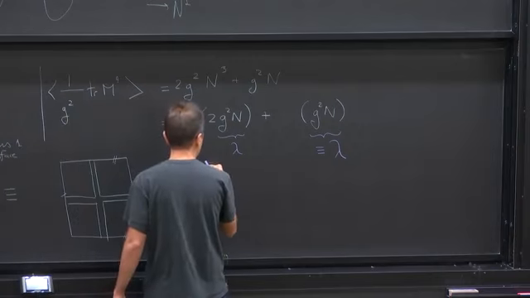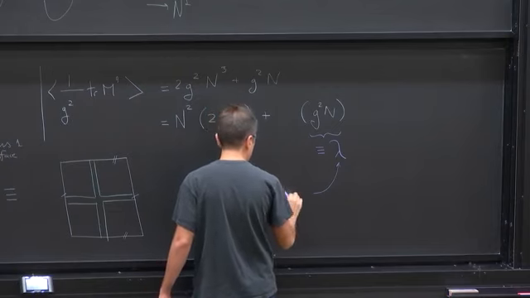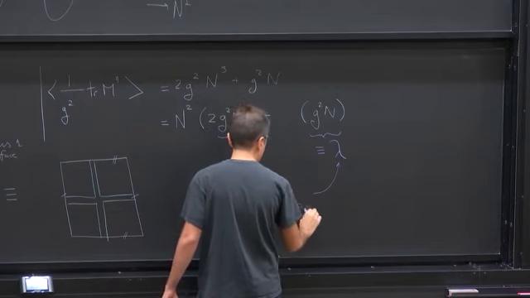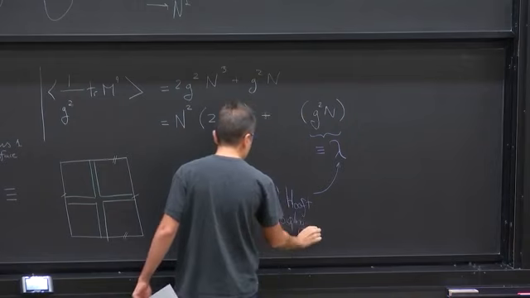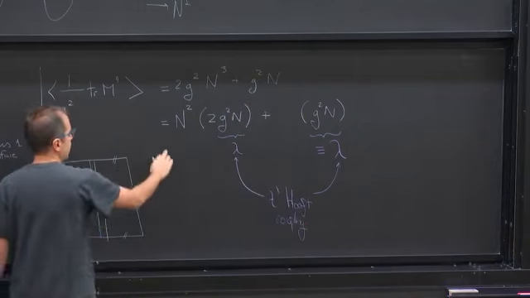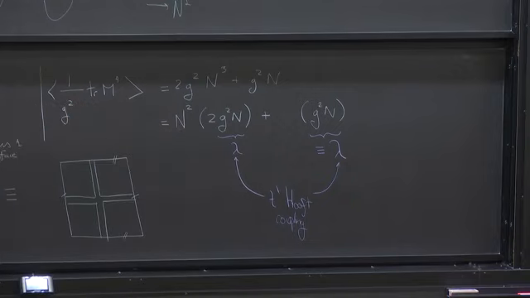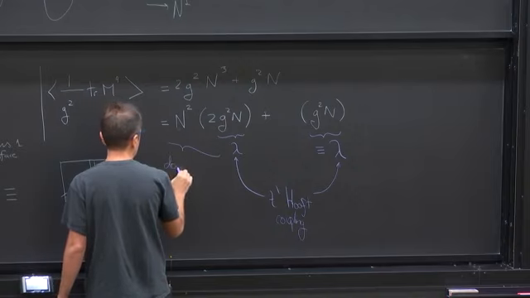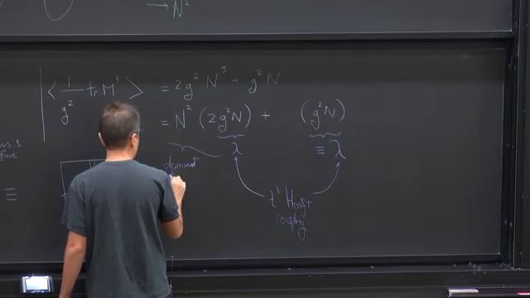And therefore, if this quantity, lambda, the 't Hooft coupling, is held finite, then we get n squared for the planar diagram and n to the 0 for the non-planar diagram. And so these diagrams, this here, they are dominant at large n.